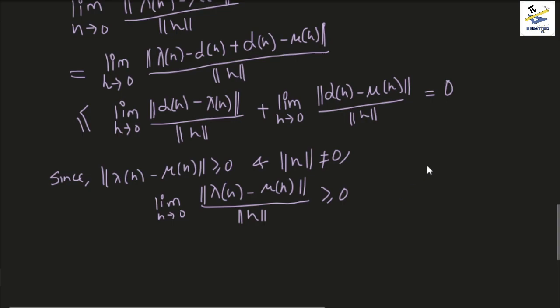Now if we name the two conditions 1 and 2, in one of the conditions it is less than or equal to 0, and in the other it's greater than or equal to 0. It's more like a sandwich theorem.